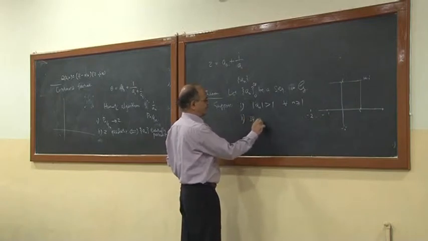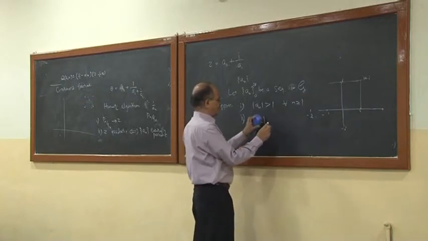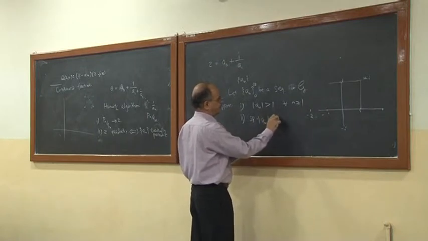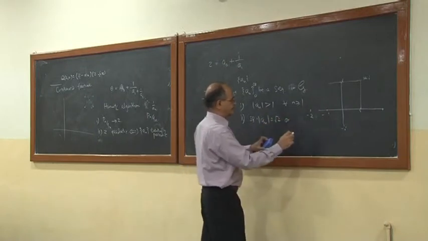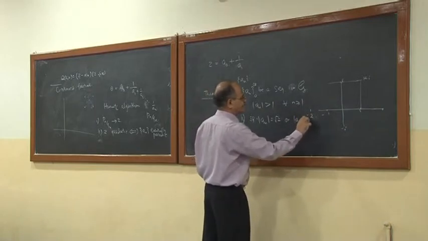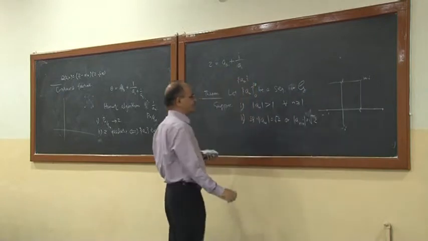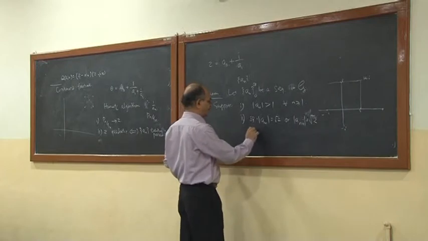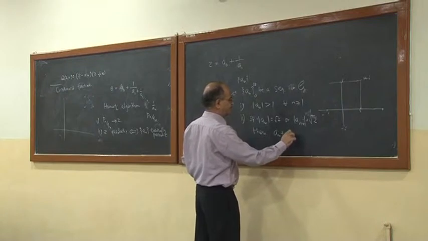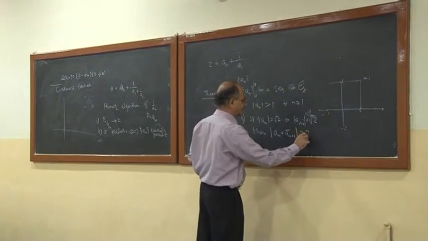If mod An equals root 2, or mod An plus 1 equals root 2, which means one of these 4, then An plus 1 bar is greater than 2.